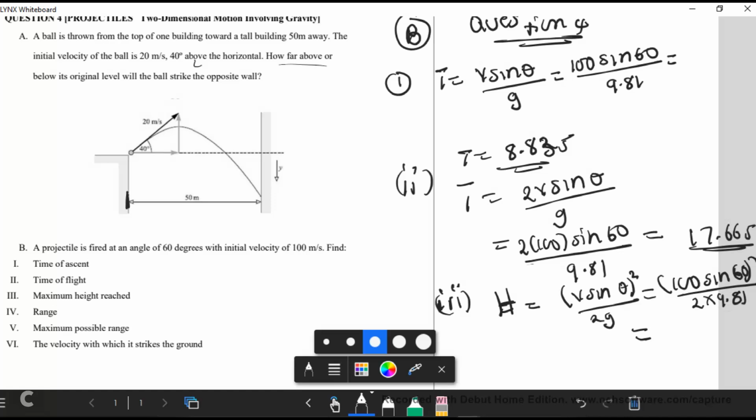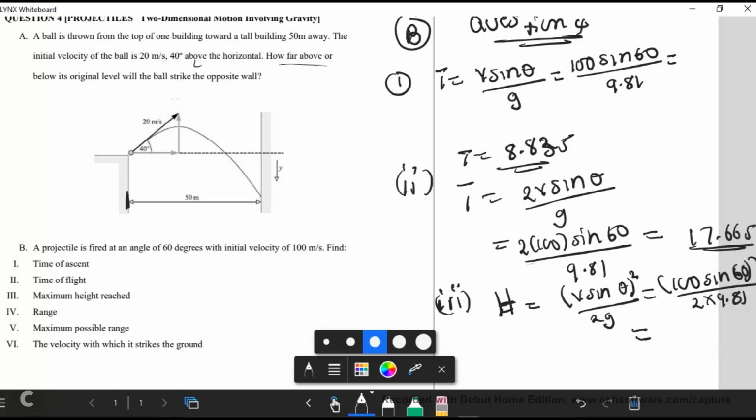Then it will be 100 sine 60 squared, then divide by 9.81 times 2.